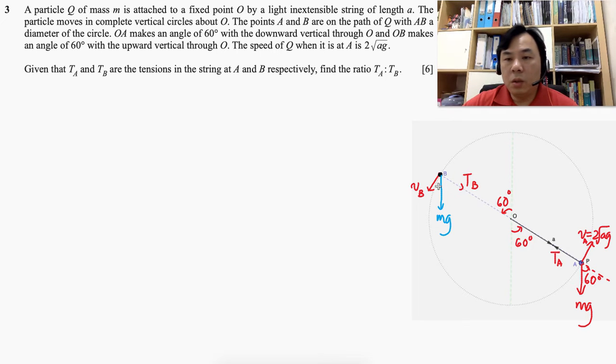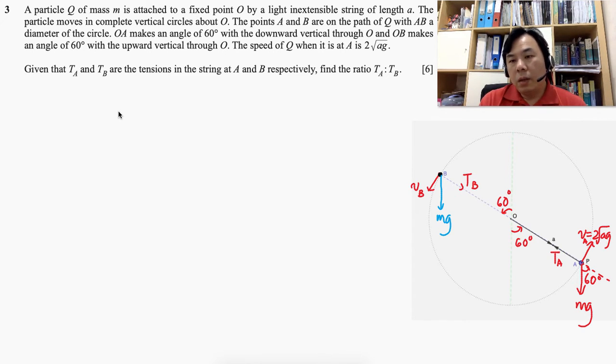The motion is towards this direction. Once you recognize the mechanics, we know that this is a circular motion, so it must involve centripetal force. That will be mv² over a, the radius, or it could be mrω². It doesn't matter which one you work with.